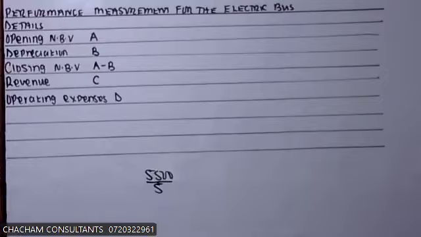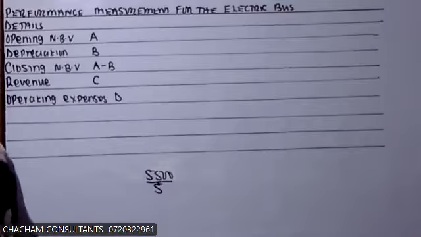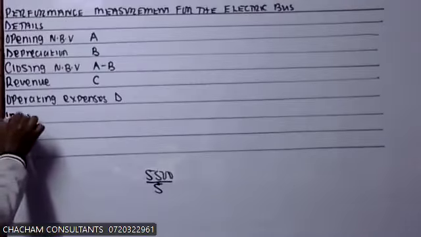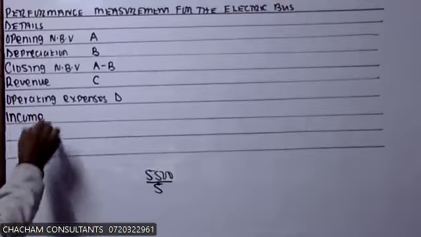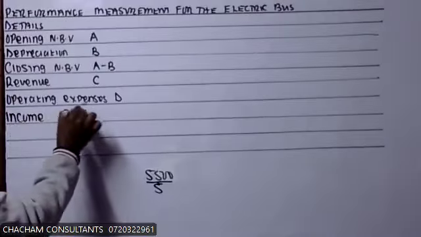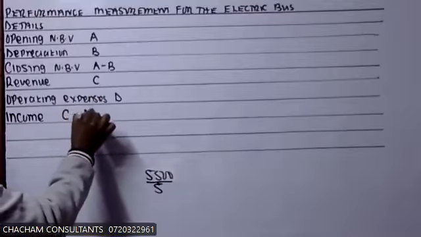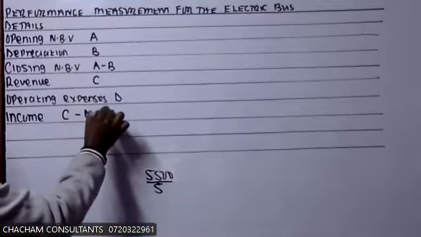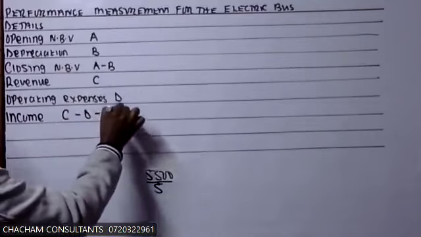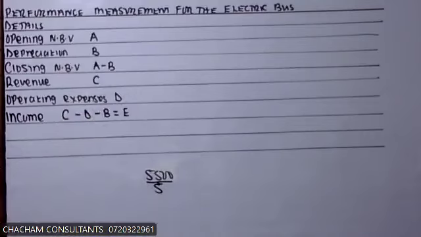Yeah, so if it is the one, we shall not bring it again because we already have featured it. So with that, we are just going now to talk of the income. So our income should be given as the revenue minus these operating expenses minus this depreciation. And we can call it E. That is how we shall get it.